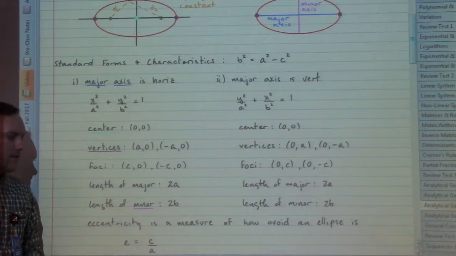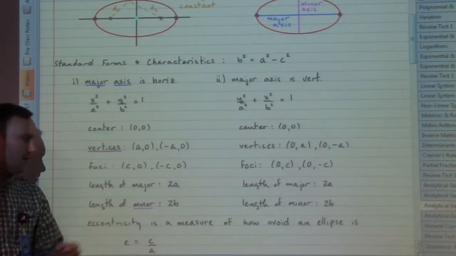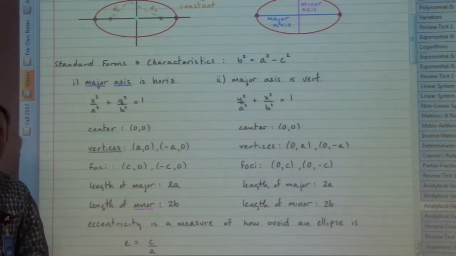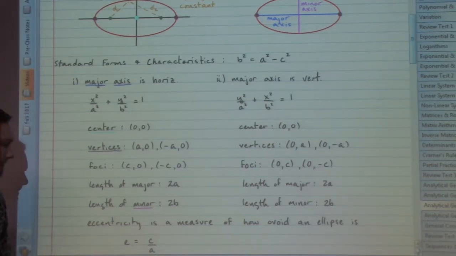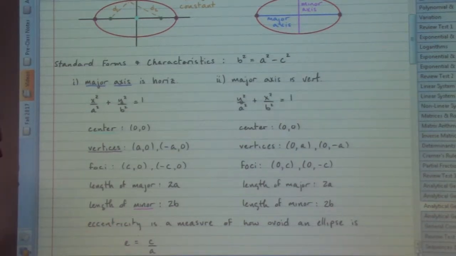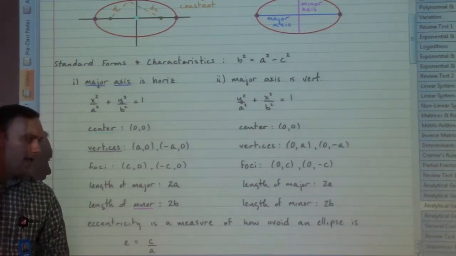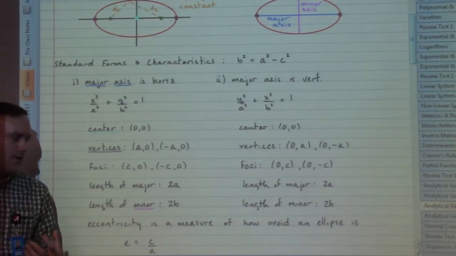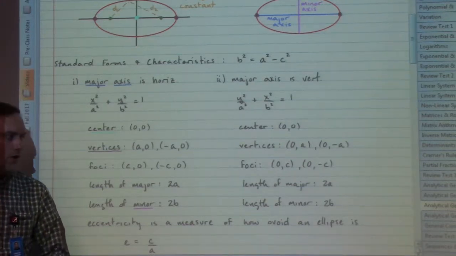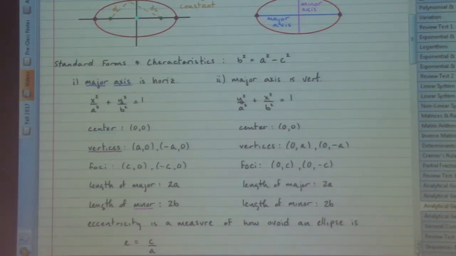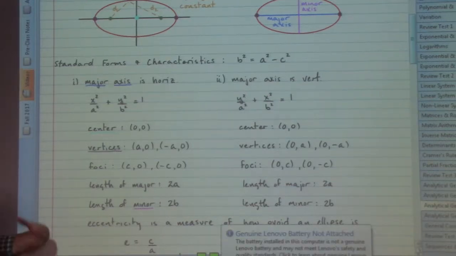And then finally the B: the only time that the B shows up is in the length of the minor axis, which would be 2 times B. The eccentricity is C over A, which is a measurement of how much or how little of an oval shape we have for our ellipse, or you could say how close or how far away from a circle it ends up being.